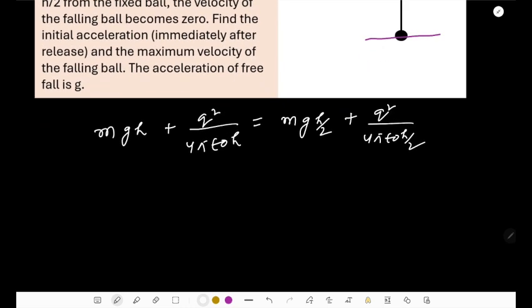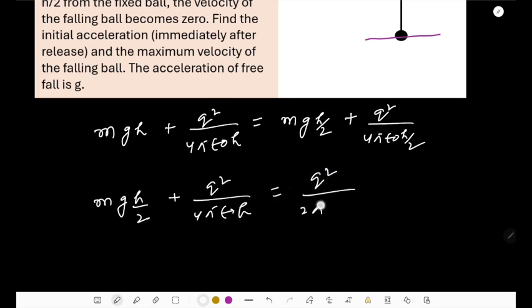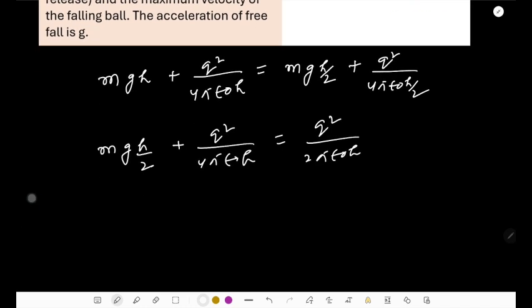After revisiting the equation, we can write mgh plus q square by 4 pi epsilon naught h equal to mgh by 2 plus q square by 2 pi epsilon naught h.